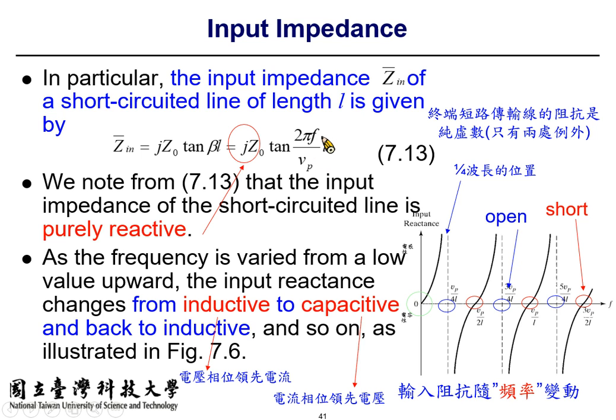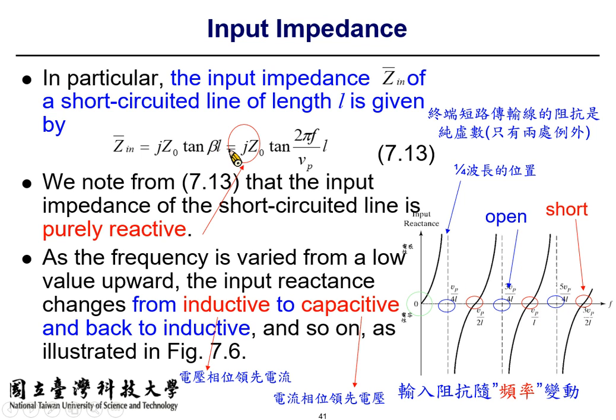Except what? Except at the position of beta L equals 0, beta L equals pi, 2 times pi, 3 times pi.